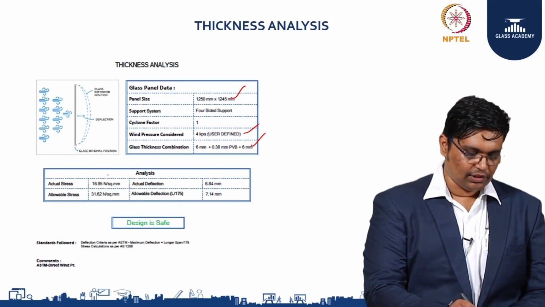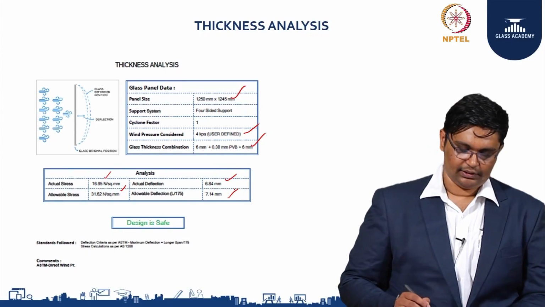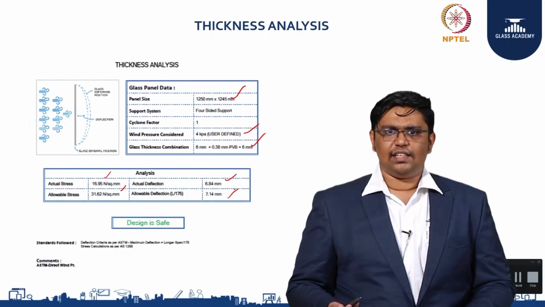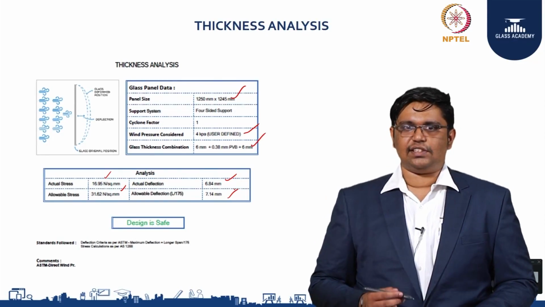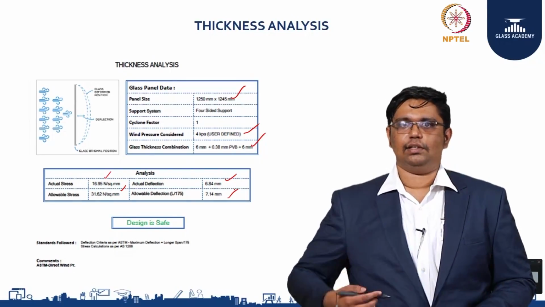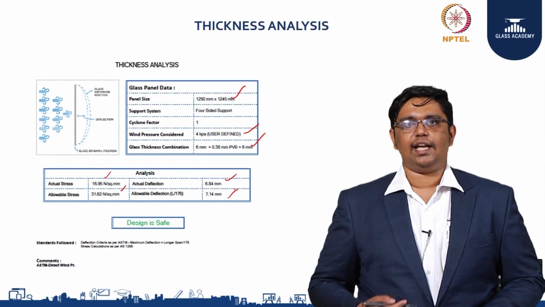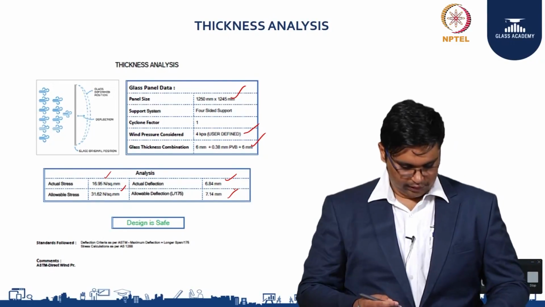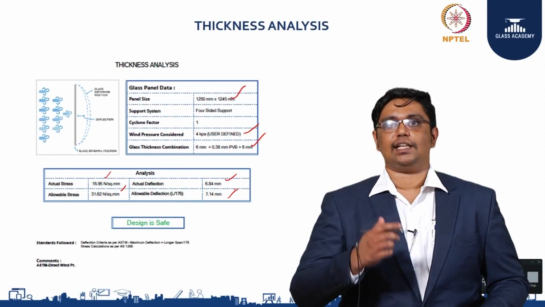Then it gives you the actual stress, the allowable stress, the actual deflection and allowable deflection. There are many standards available for doing such calculation, and there is one tool called Glass Wizard which does this calculation using the algorithms and the tables given in ASTM E1300. So this is one calculation which lets you know whether a particular thickness is safe enough to take the load or not.